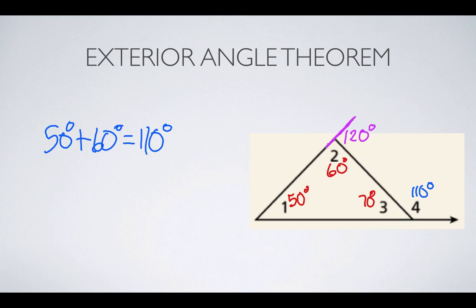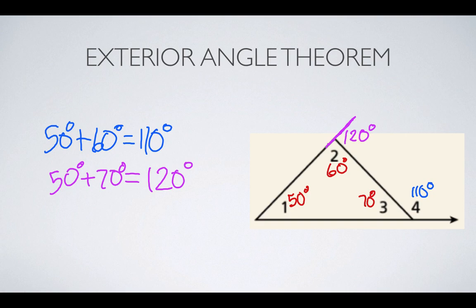So let's double check and see if that actually works. Our two remote interior angles in this case are 1 and 3, or 50 plus 70. And if you double check, 50 plus 70 is in fact 120 degrees. So this one works as well.